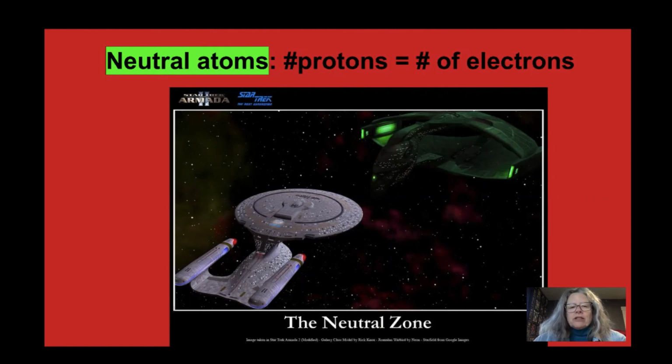There is no charge. Hopefully you got that out of the PhET that you did. So it's logical, knowing what you know about the word neutral. Hopefully that'll help you remember, and you can picture some sort of Romulan Federation standoff.